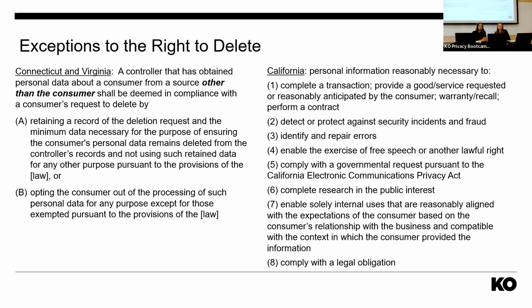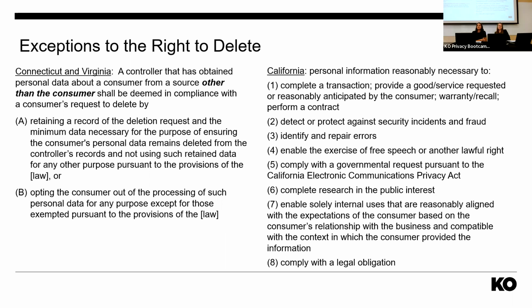And then Connecticut and Virginia acknowledge that where you are a business or controller, but you're not collecting that information directly from the consumer, you'll be deemed to be in compliance with the deletion request if you are just keeping enough information to ensure that as you continue to potentially receive new information on that person from third parties, you're going to have them on a blacklist or an unsubscribe list, or otherwise just opt them out of any future processing.